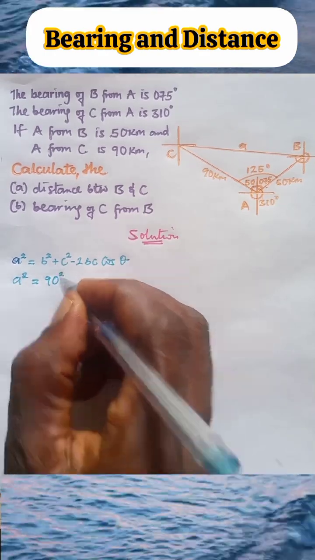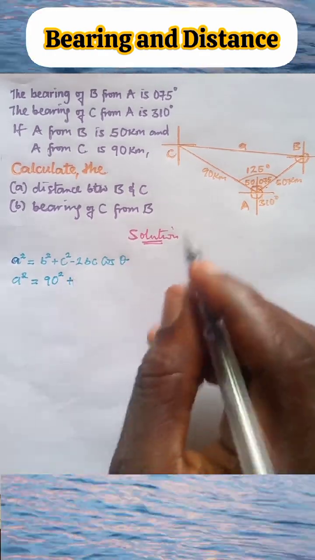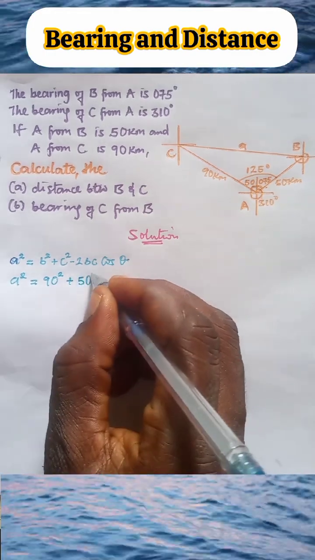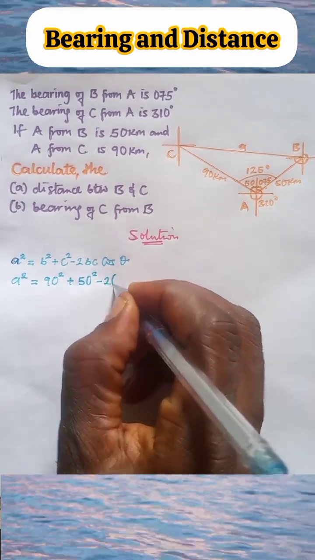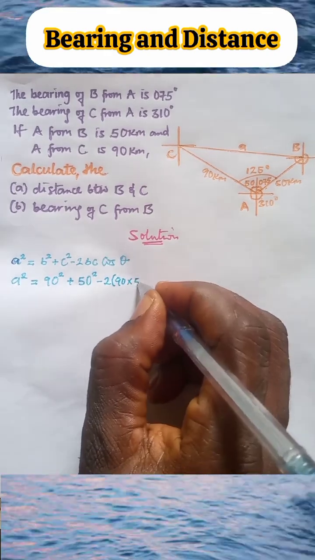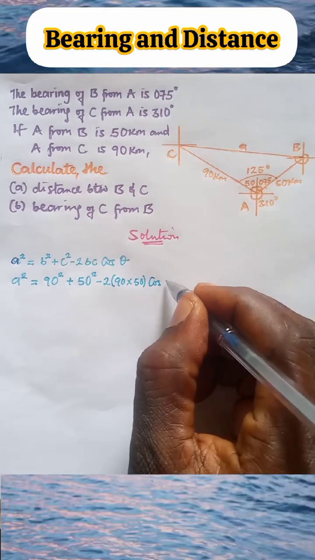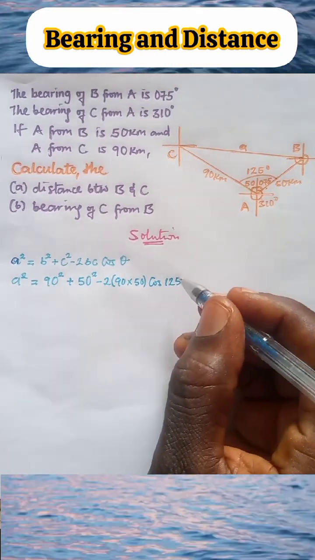So we have 90 squared plus C, which is the line opposite the angle C, which is 50. So we have 50 squared minus 2 multiplied by 90 times 50 cosine the angle here, which is cosine 125.